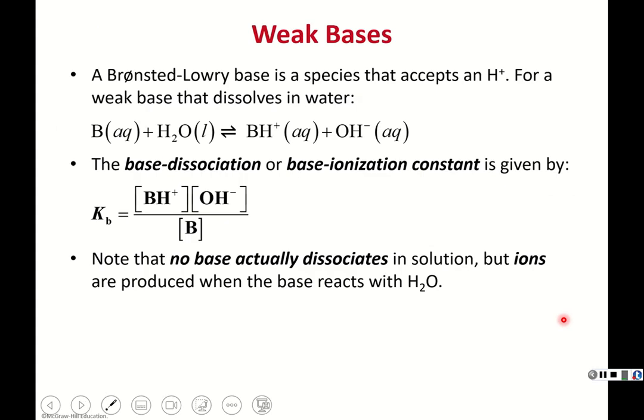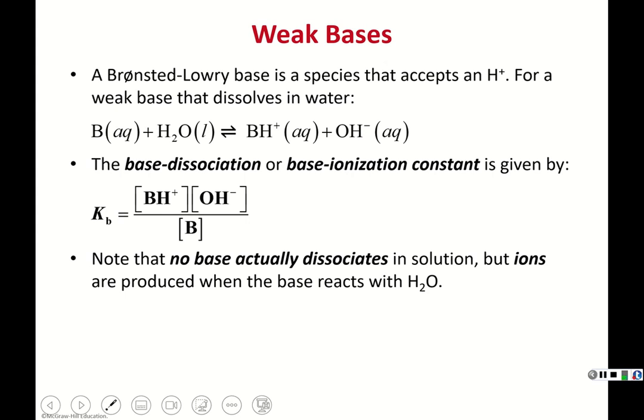Okay. So let's switch our focus now to weak bases. A Bronsted-Lowry base is a species that accepts a hydrogen. So in our case here, we can write a generic equation with B standing for base: B plus water goes to BH+ plus OH-. So that base is taking a proton from water.